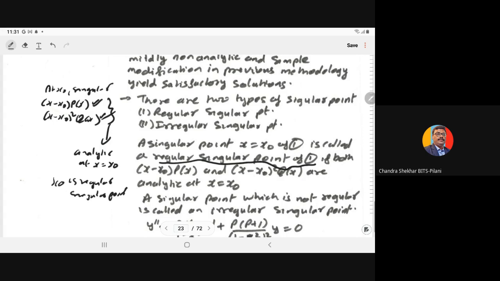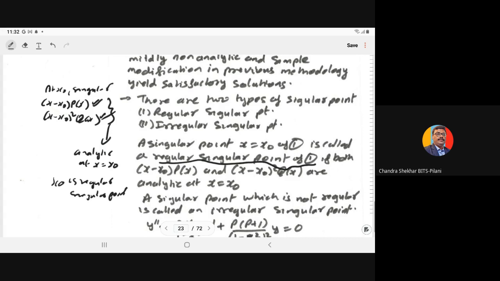Otherwise, if any one of these two, (x minus x naught) into p(x) or (x minus x naught) whole square into q(x), fails to achieve analyticity, then that point is termed an irregular singular point. And for the irregular singular point, you cannot determine the Frobenius series solution also.